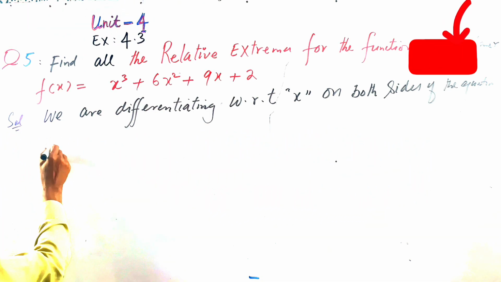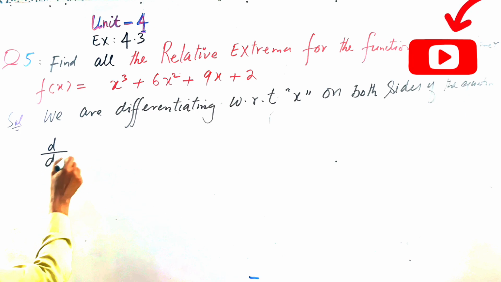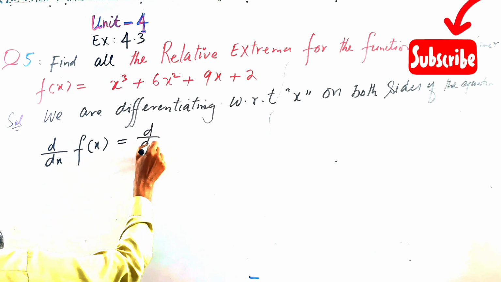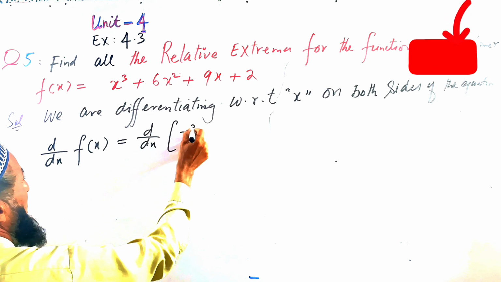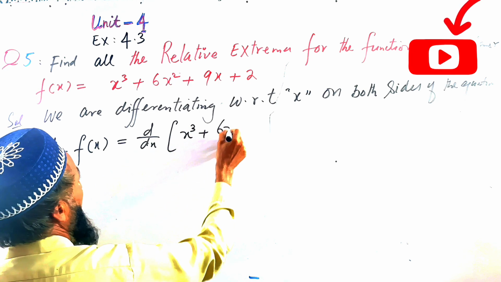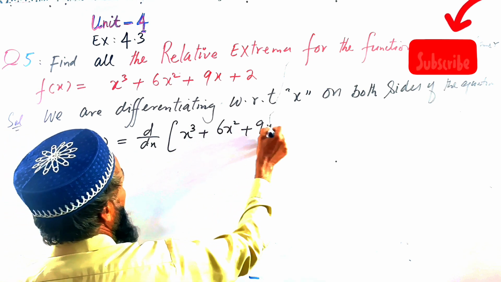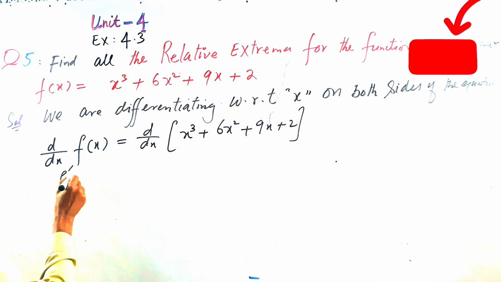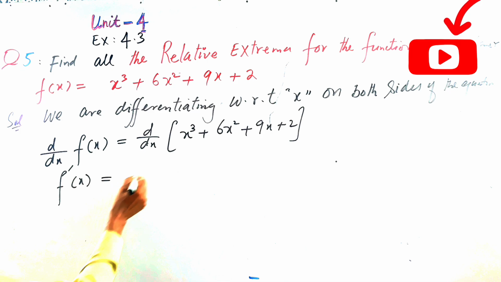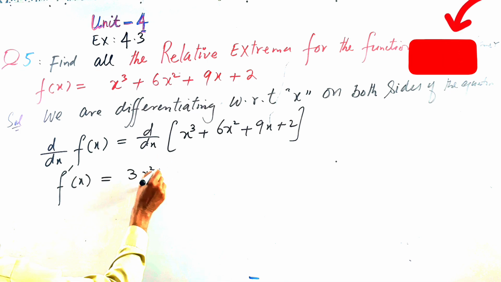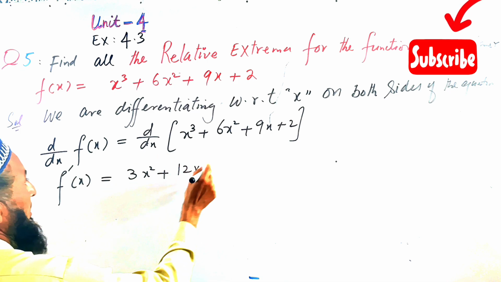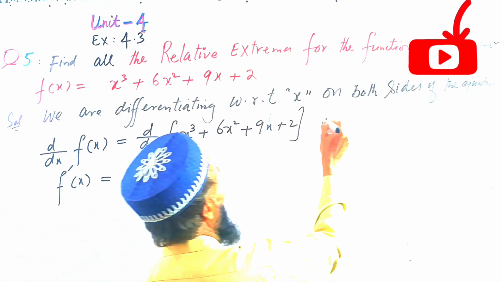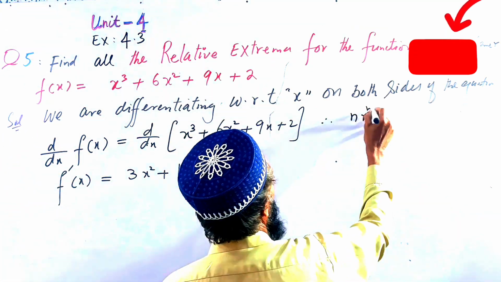So dy/dx of f(x) = x³ + 6x² + 9x + 2. Deriving this function, f'(x) = 3x² + 12x + 9. 3 is the power, and we are using the power rule, n x^(n-1).